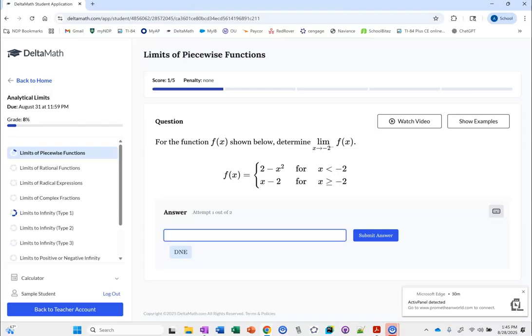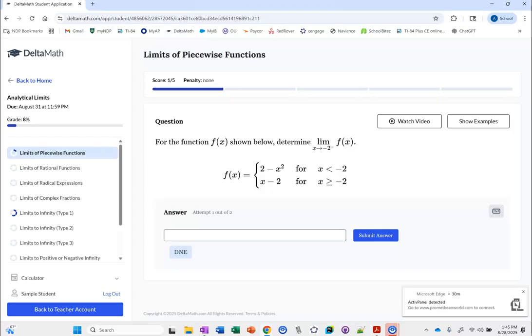But this one says the limit as x approaches -2 from the left. So which piece is coming from the left? The less than, right? So all I'm going to do is plug -2 in, and that should be my limit.